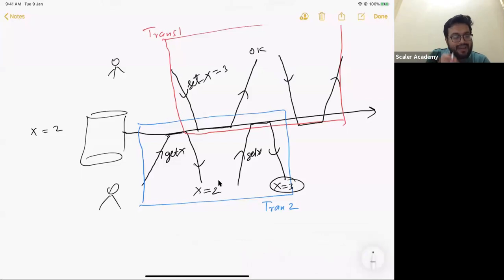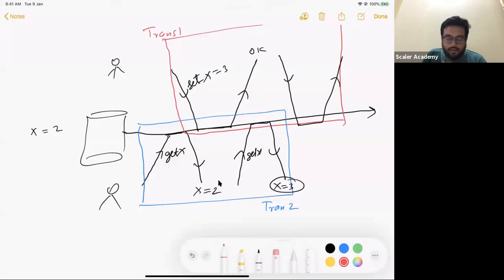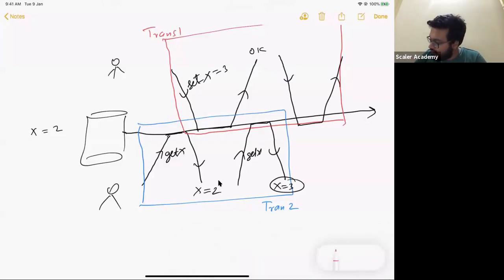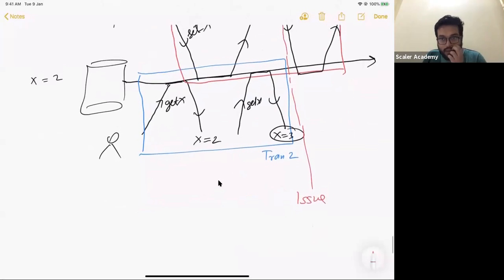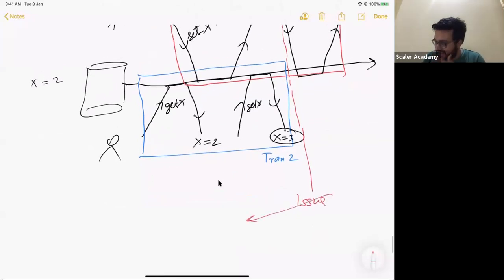The problem here is, what happens if there was an issue after this statement at this point in time? What will happen if there was an issue here? If there was an issue here, do you guys appreciate that transaction 1 will have to be rolled back?